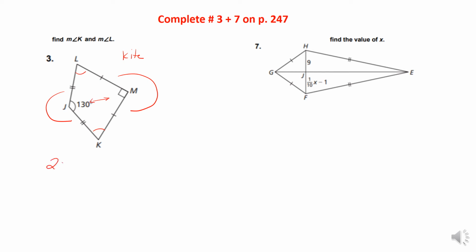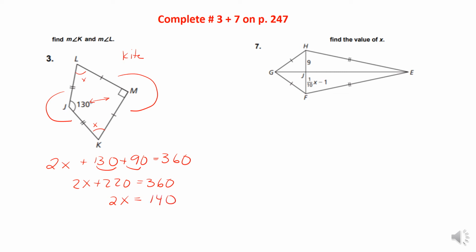So I'm going to call this x and this x: 2x plus 130 plus 90 equals 360. Combining like terms, I get 2x plus 220 equals 360. Subtract 220 from each side, I get 140, and x equals 70 degrees. So both of those angles are 70 degrees.